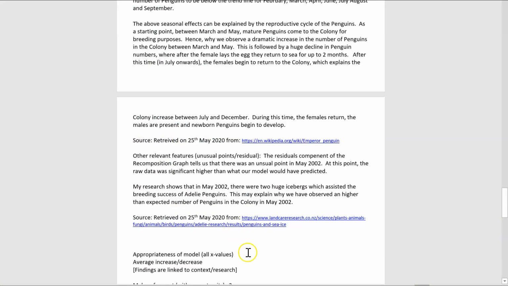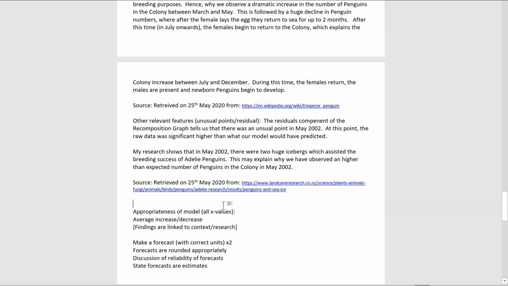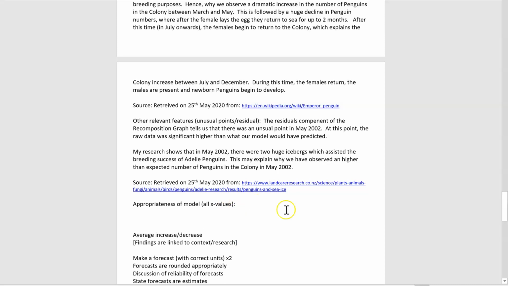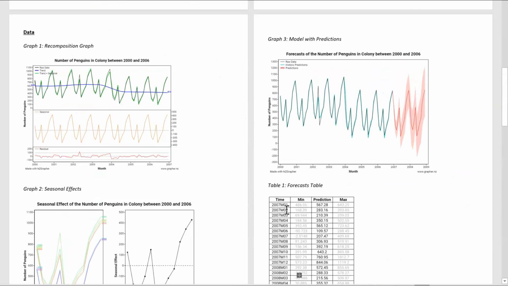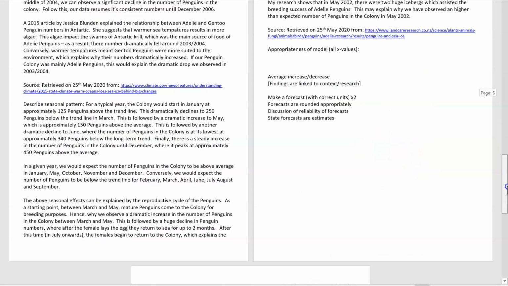Next step, we need to chat about the appropriateness of the X values. Let's get that heading in. This does relate to the residuals, and for this point, I'm going to copy and paste the residuals graph, even though I just deleted it before.